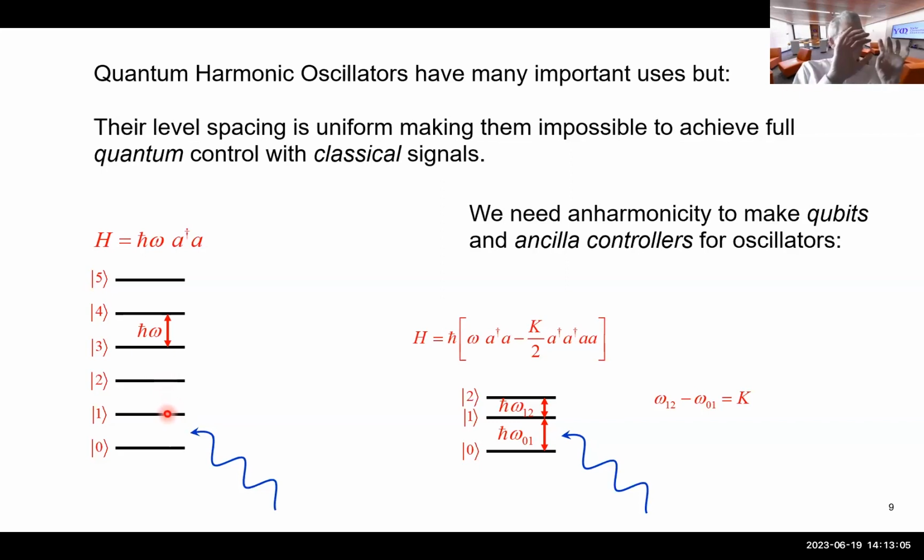It doesn't have a definite phase, of course, because this has definite energy, not definite phase. And then when you make it anharmonic with the Josephson junction, this is a state of just very small jiggling of the charges, and this is a state with more jiggling of the charges. But it's the tunneling of the pairs of electrons through that determines the Hamiltonian and the eigenstates of the Hamiltonian.